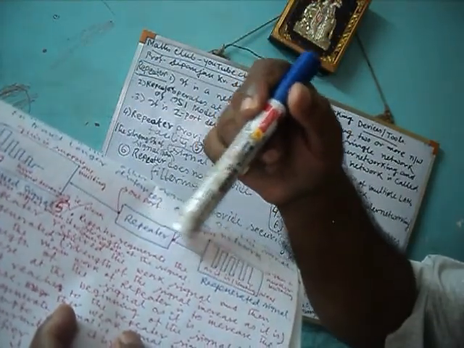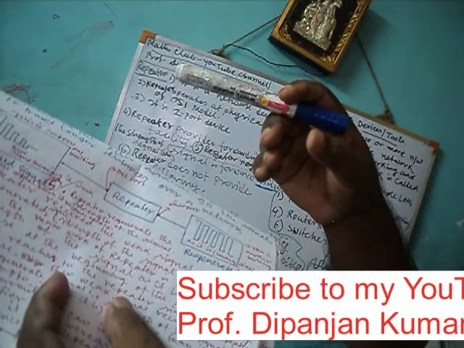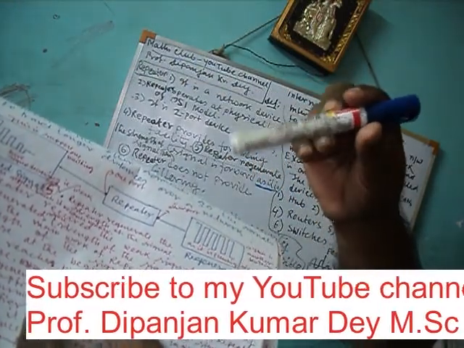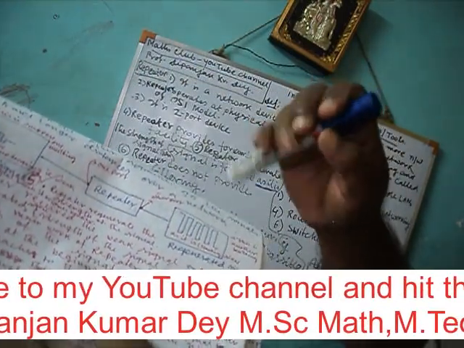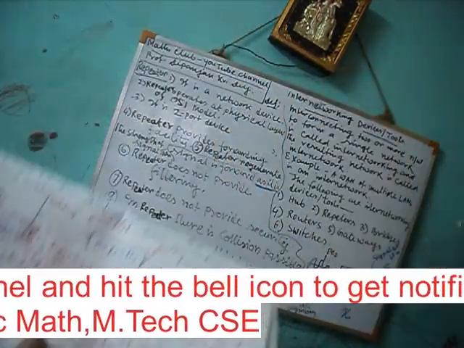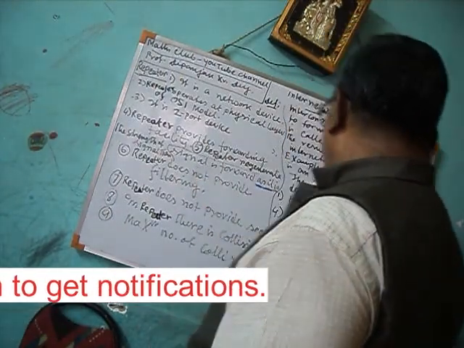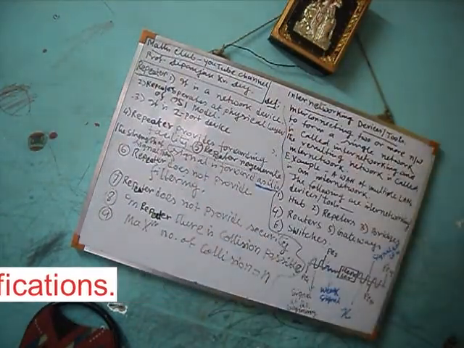When the repeater regenerates and retransmits it, it becomes like this, and the signal strength is the same. So a repeater does not provide filtering.